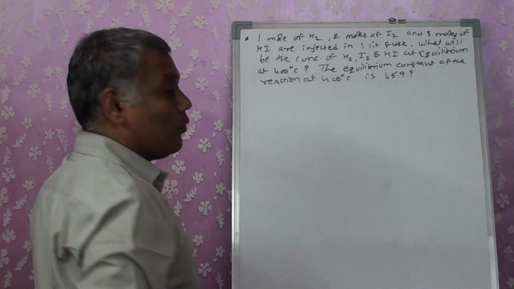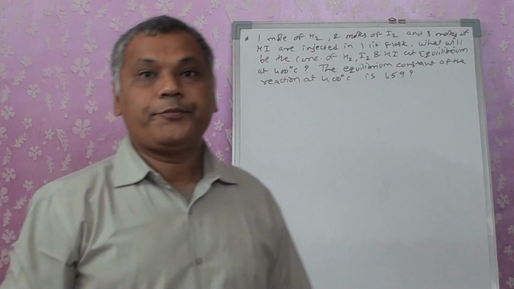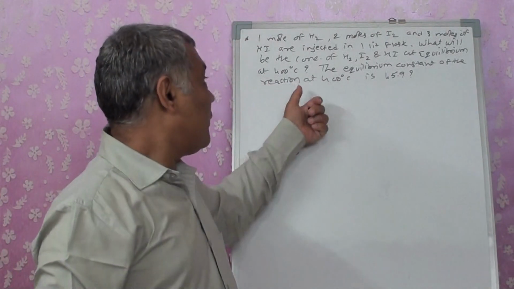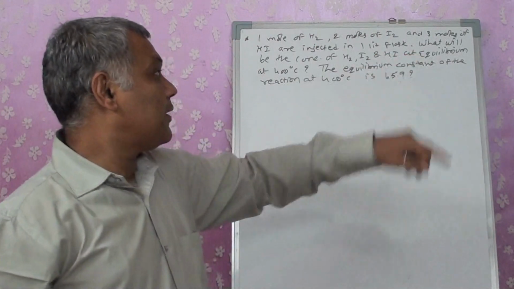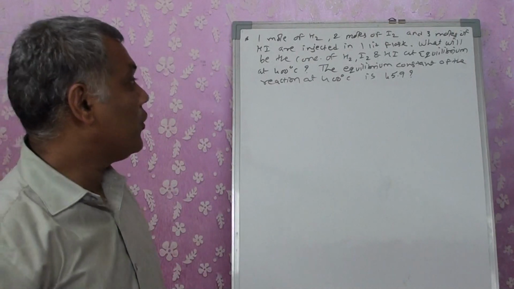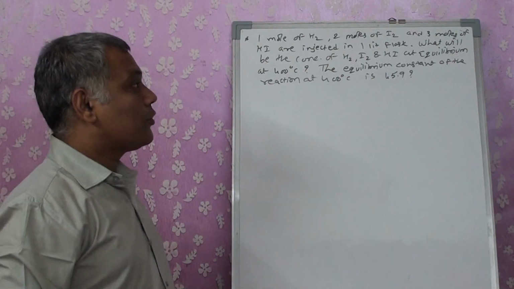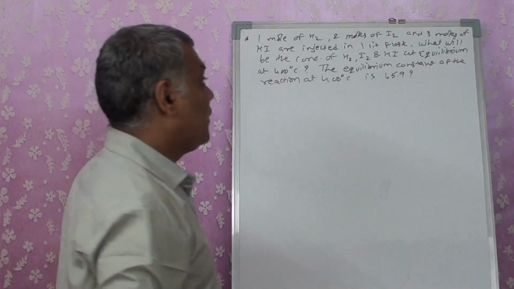Okay, now particularly for this sum, what is given to us? We have been told that some reactants are taken and injected into the flask. What will be the concentration of H2, I2 and HI at equilibrium?